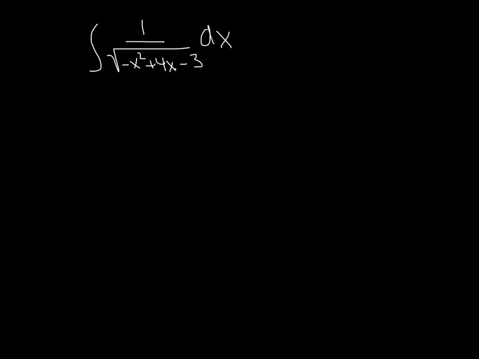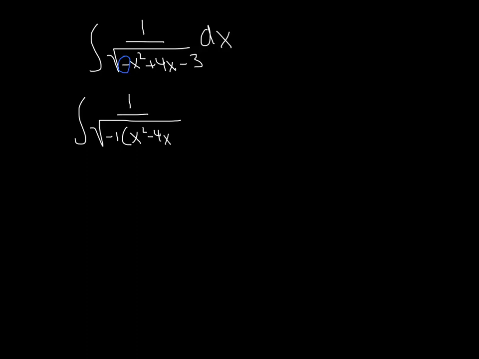Alright, so you can't complete the square until you get this leading coefficient to be positive. So what you're going to have to do is factor out a negative 1 from inside the square root. So basically what you're going to have is the square root of negative 1, and if you factor out a negative 1, all the signs are going to change. So that's going to be x squared minus 4x plus 3.